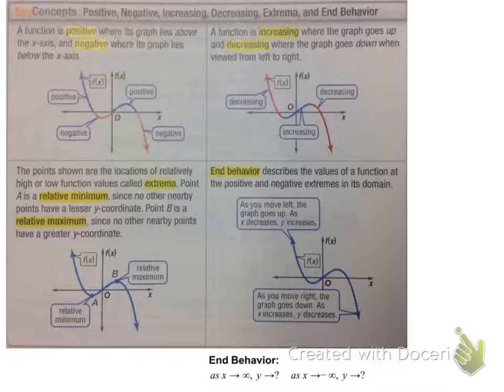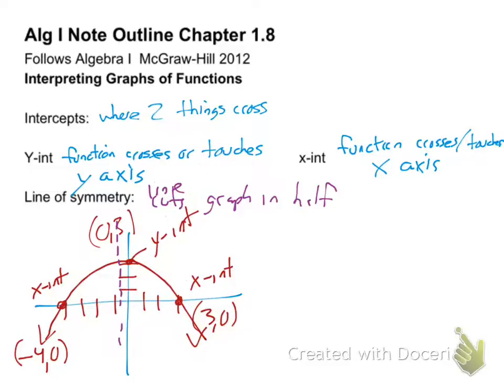Sometimes there are maxes and mins. I'll revert back here. This particular problem has a maximum. The maximum happens right here. It actually is not at 0.3, it would be slightly above 0.3. We're not going to get into that. But you could see that there would be a maximum. There's no minimum because it goes down forever.